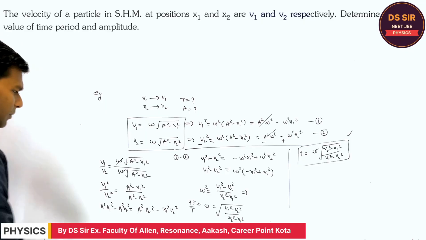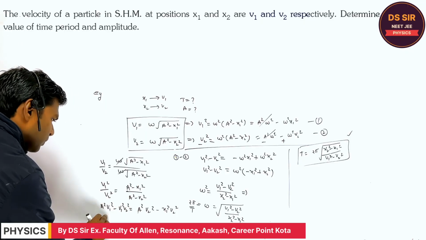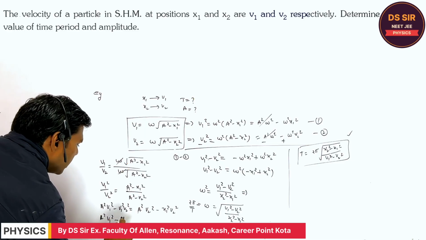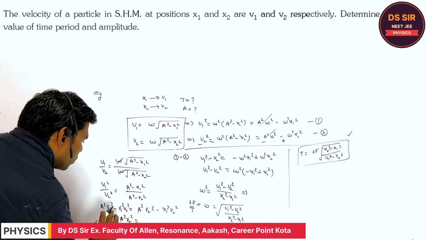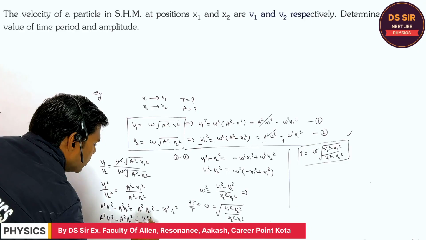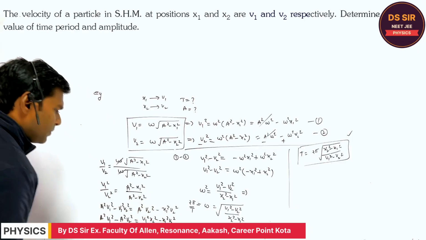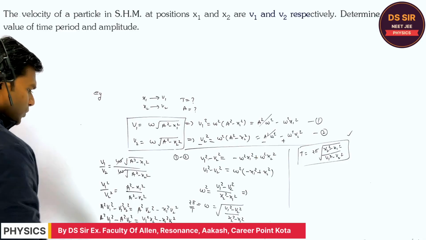If you simplify to find the value of a, a squared v1 squared minus a squared v2 squared is equal to v1 squared x2 squared minus x1 squared v2 squared.